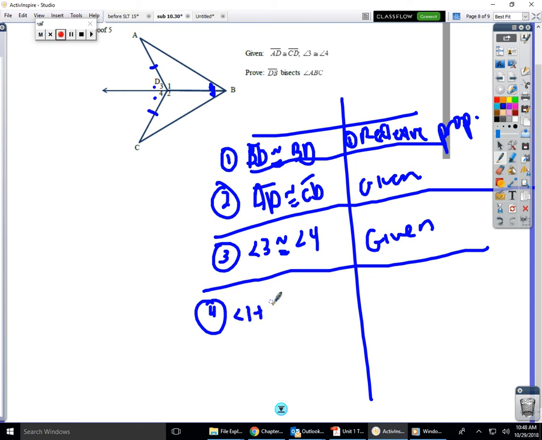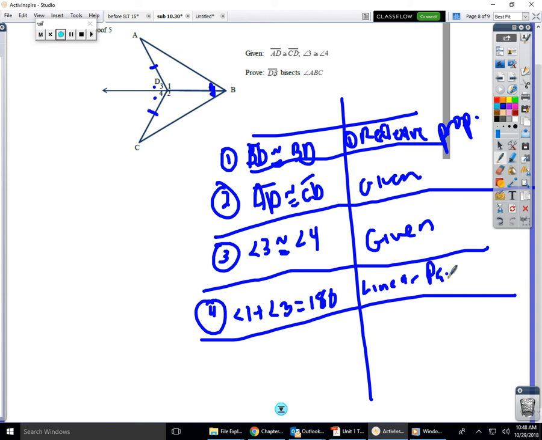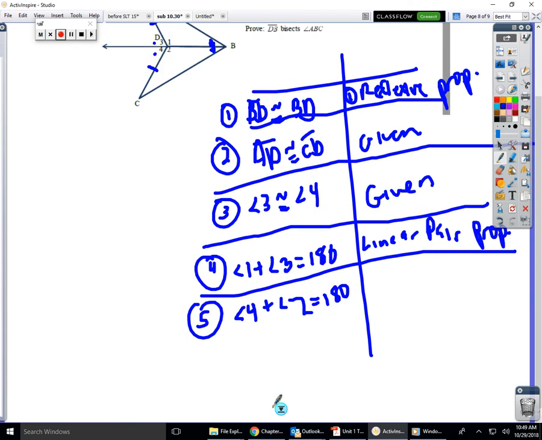So I can say the measure of angle 1 plus the measure of angle 3 is equal to 180. And that is because of the linear pair property. Line 5, I could say the same thing about 4 and 2. So angle 4 plus angle 2 is equal to 180. That also is because of the linear pair property.